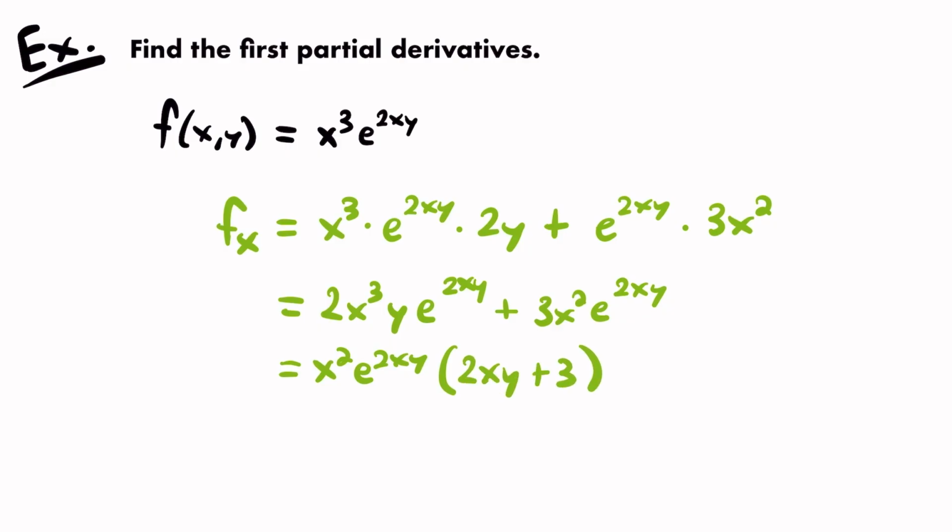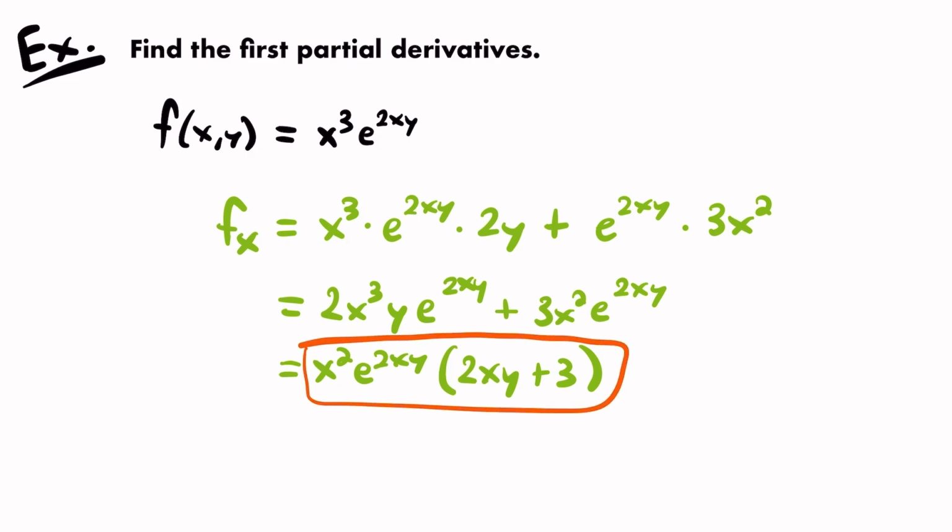All right, and just to make sure that's clear, if you pull x squared out of this first term, you're just left with 1x. And if you pull e to the power of 2xy out of it, the only thing left over is that 2 and that y with that x. And then x squared times e to the power of 2xy is everything from this term except 3, so you're left over with 3. Okay, that would be the partial derivative with respect to x.